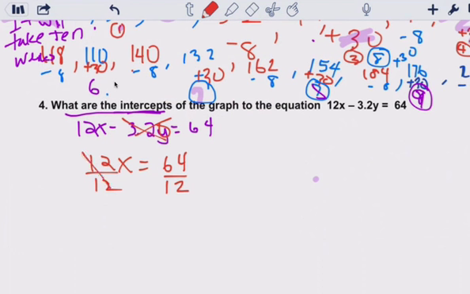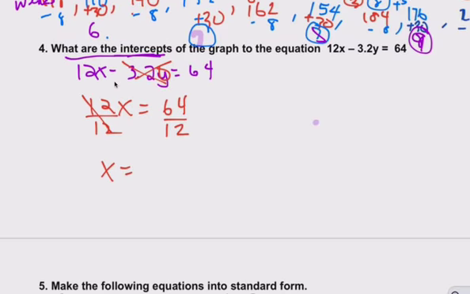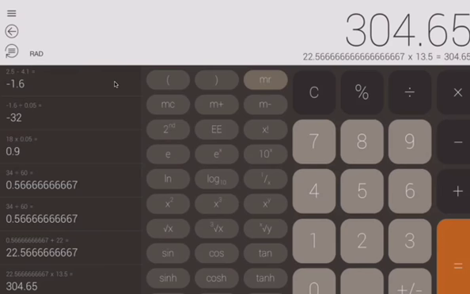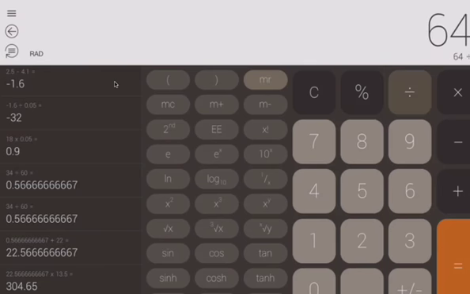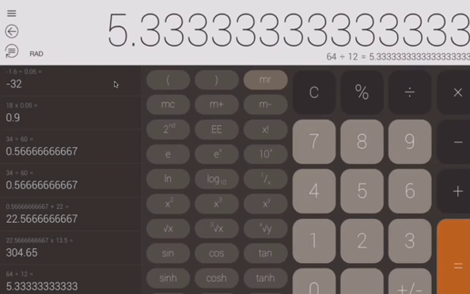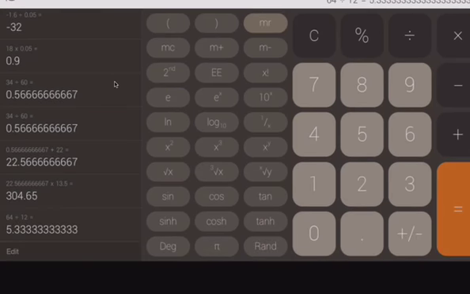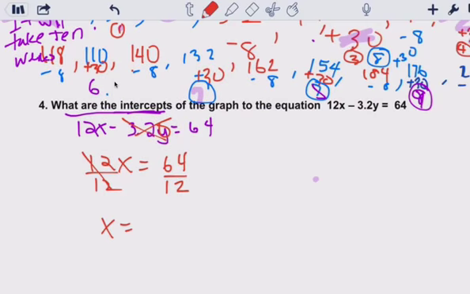5, right? 5 something. Let's see. Have a calculator. 64 divided by 12. 5.3. So 5 1/3. Okay, that is x.